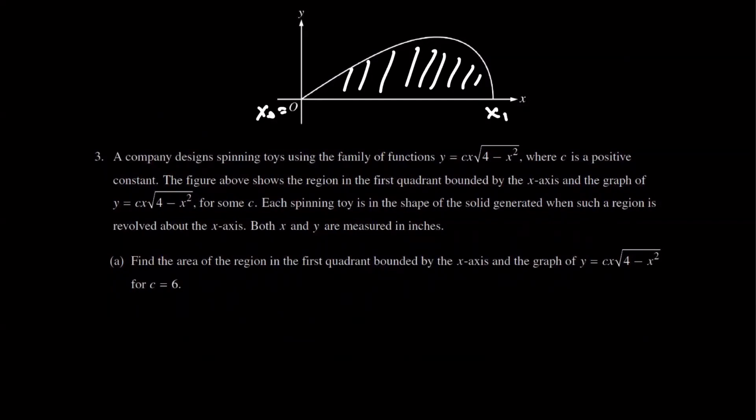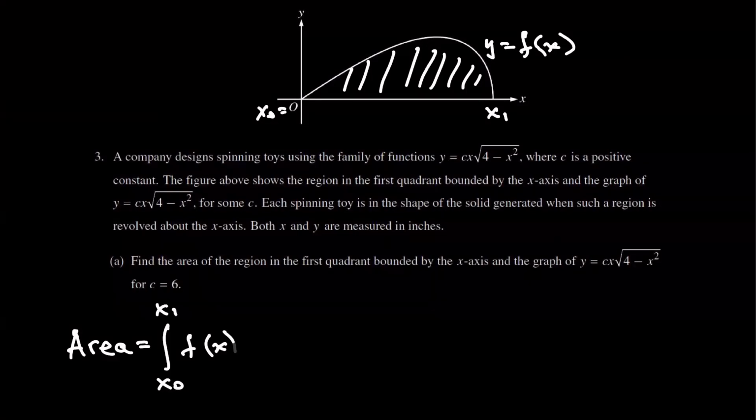This function is y, which is a function of x, f of x. And then this area, in the usual fashion, is equal to the integral from x0 to x1 of f of x dx.